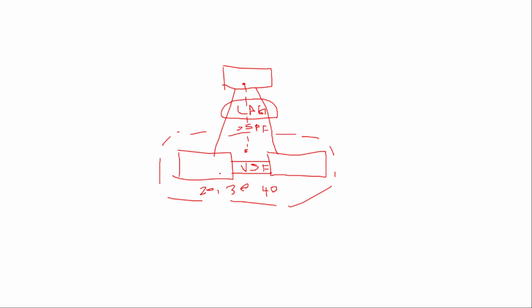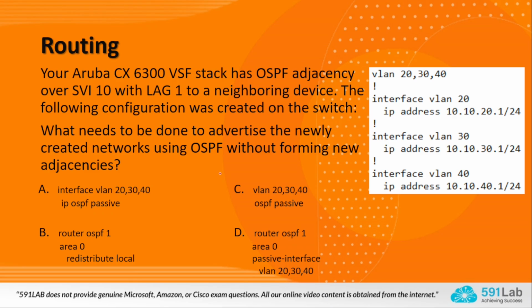So if we need to avoid OSPF packets going over certain interfaces, they have to be configured as passive interfaces for OSPF. Okay, so then we'll go through the answers.